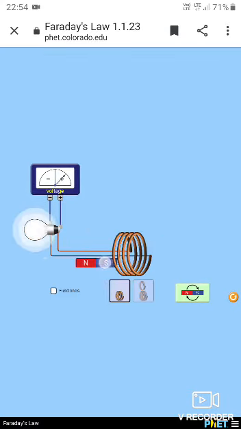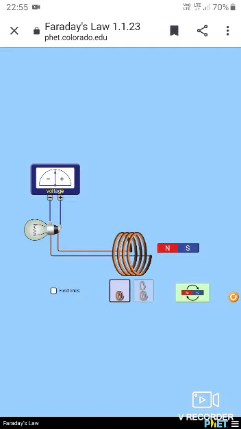Yes, the bulb glows and the galvanometer shows deflection. That means when the magnet is moving inside and coming out of the coil, the bulb glows. That means the movement of the magnet in the coil induces the electric current. As I have said, the galvanometer is an instrument to detect the presence of current. It will show deflection only when an electric current is induced in the circuit.